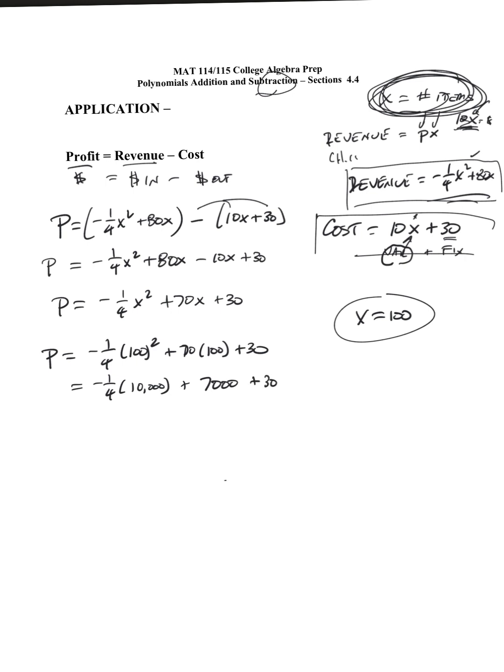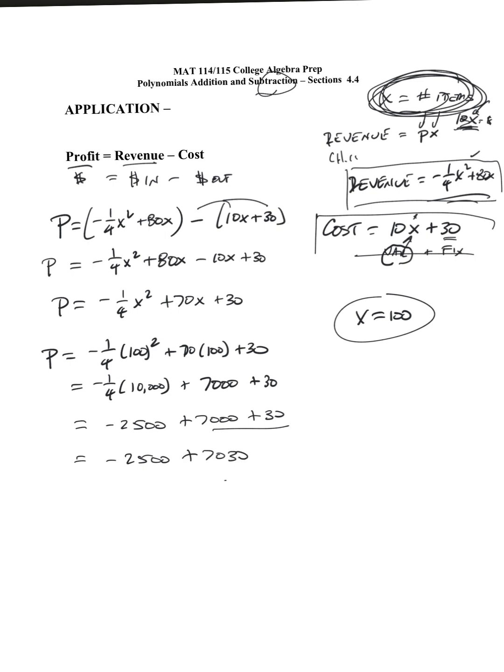And then negative 1/4 times 10,000, I believe that's negative 2,500. So break up 10,000 into quarters. So negative 2,500 plus 7,000 plus 30. If we add these two together here, we get negative 2,500 plus 7,030.